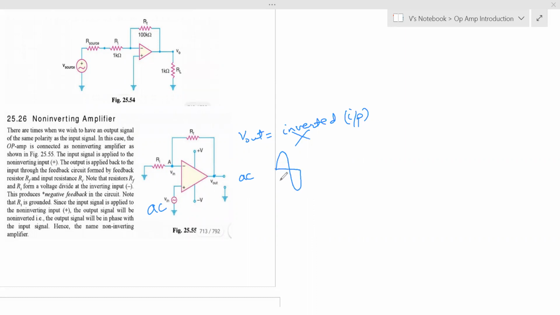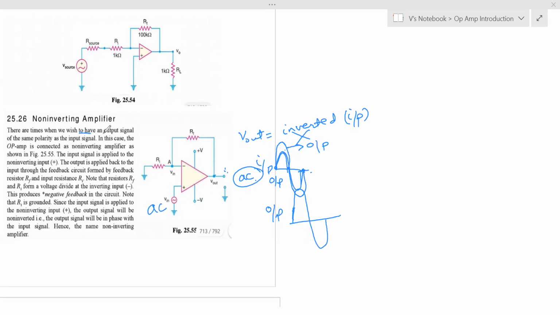So this is input, and your output will be an amplified voltage with the same polarity, right? So this will be the output waveform for AC, input and output. This is output which is amplified, okay? But same phase, their starting point is the same, ending point is the same, right? For one waveform. So such a waveform we are getting for the non-inverting amplifier, okay?